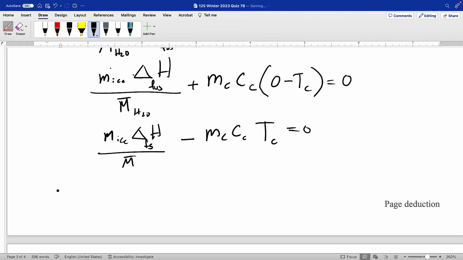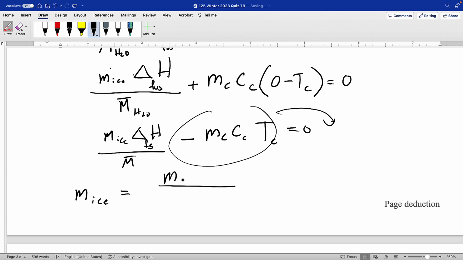So it's going to become positive. So the mass of ice is going to be equal to M copper, C copper, the original temperature of the copper, and then we're dividing by the heat of fusion. And we're going to have to multiply by the molar mass of water.